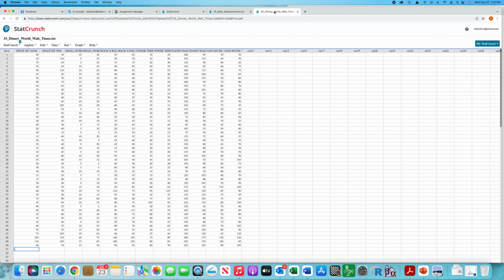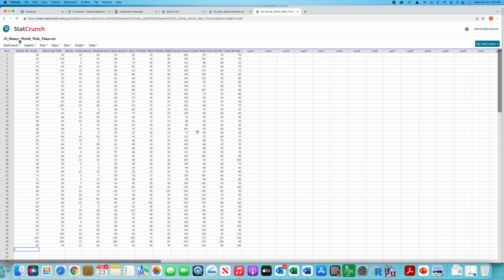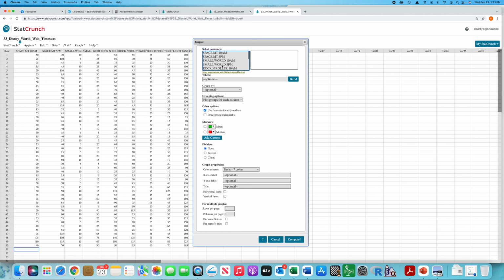Now, another data set I have up is the Disney. The variable we looked at earlier was Space Mountain for the 10 a.m. So just to show you how I got this, probably pretty obvious now. I went to Boxplot. I chose the 10 a.m. variable, and I presented horizontal box plots.